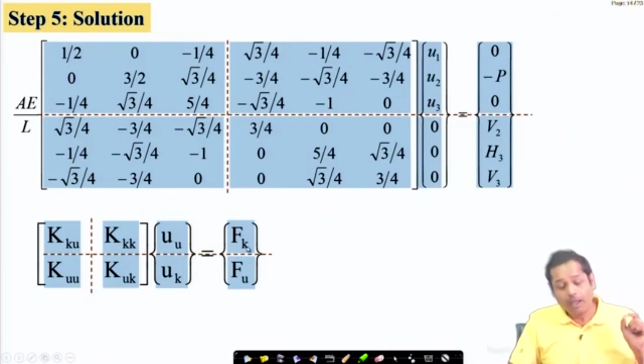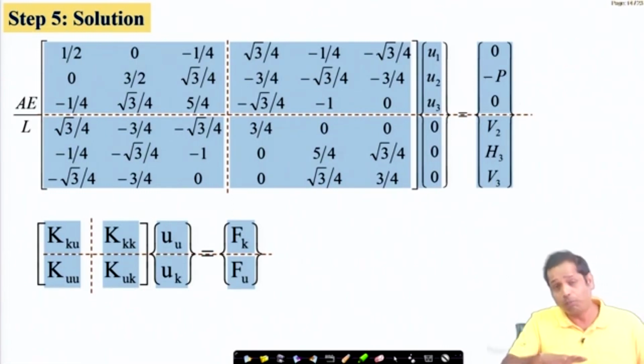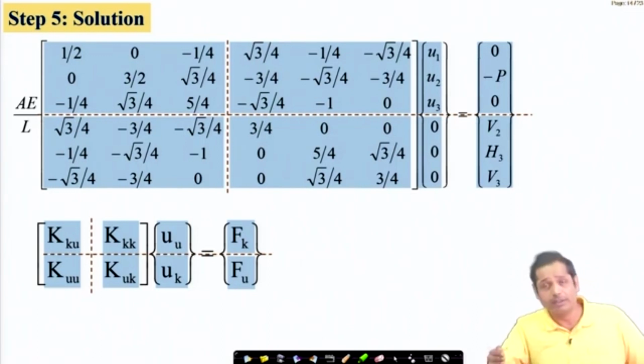FK stands for known force, and FU is unknown force. These blocks are written like this: this is K_KU, this is K_KK, this is K_UU, this is K_UK. This is just to understand how we will be solving this equation.